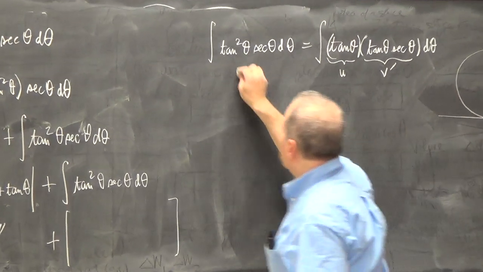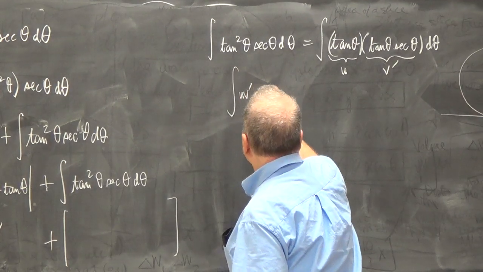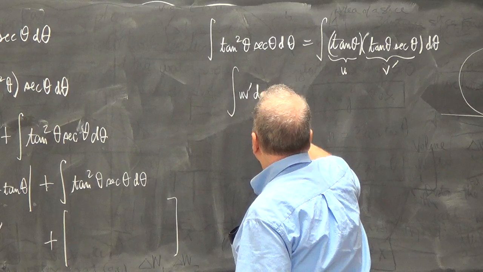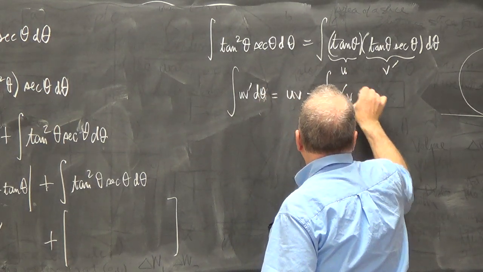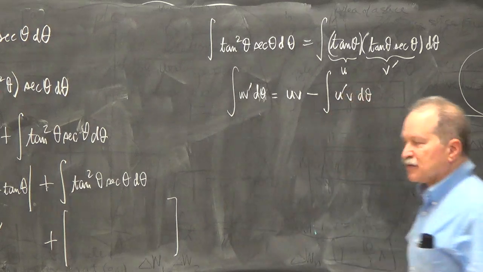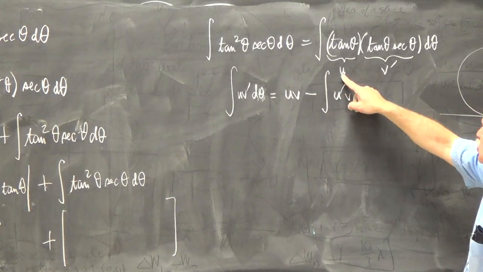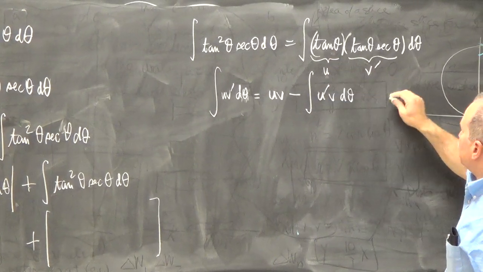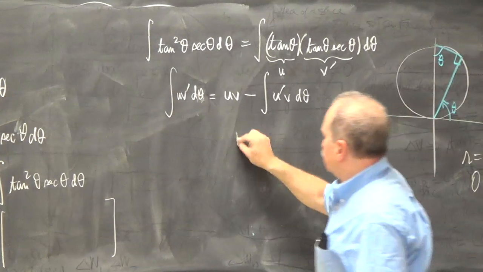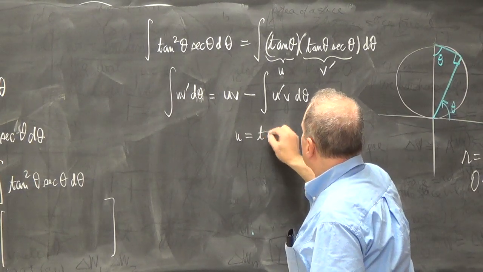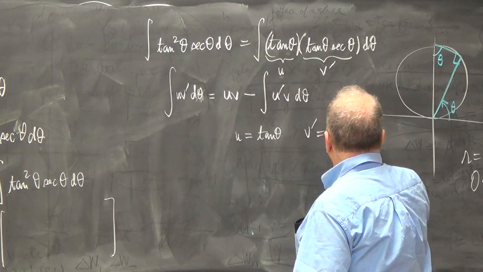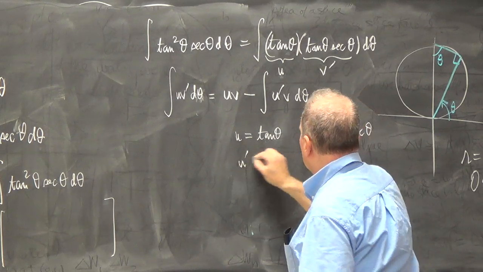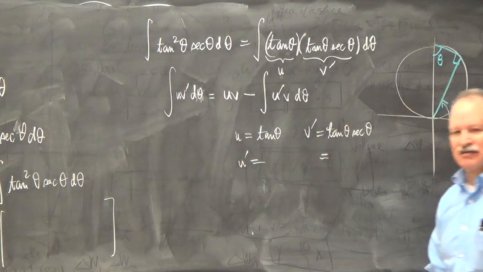Integration by parts is the integral of u v prime is uv minus the integral of u prime v. So what is u? It's tangent. What's the derivative of u, and what is the integral of tangent secant?